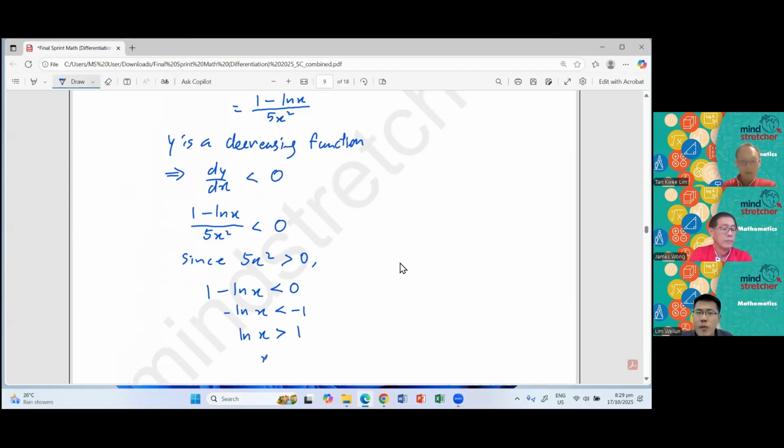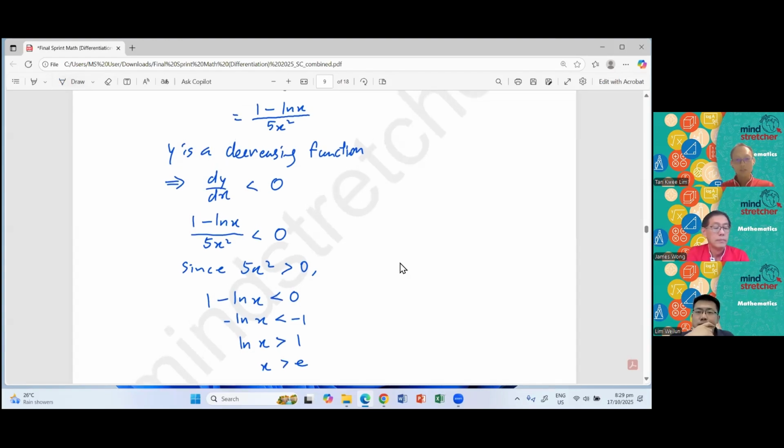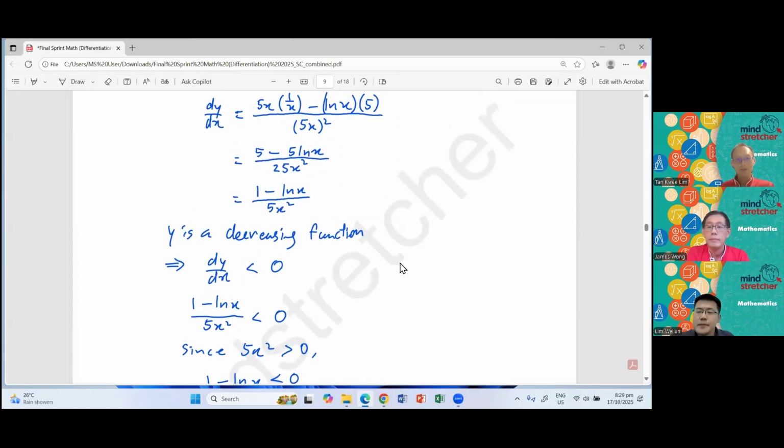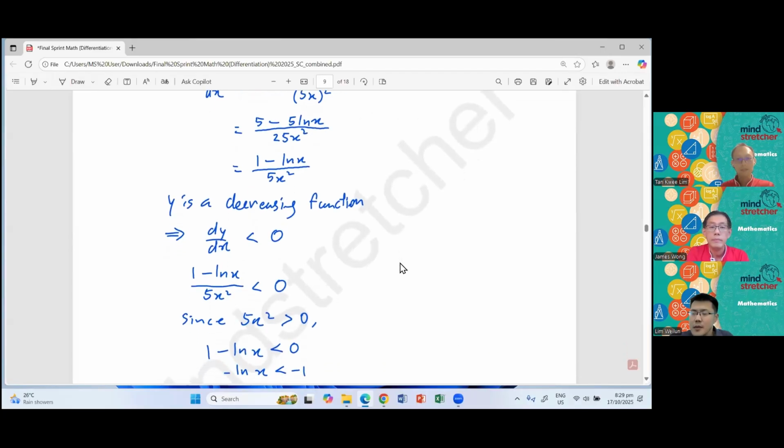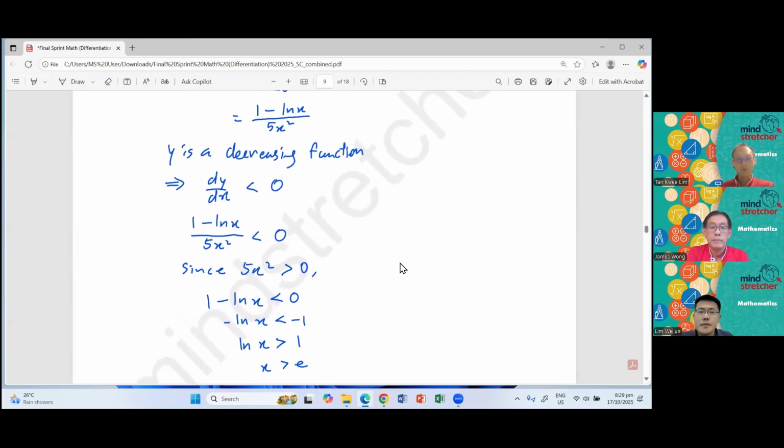So x is greater than e, e to the power of 1. That is all for this question. Let me scroll back again, just in case you missed anything earlier.